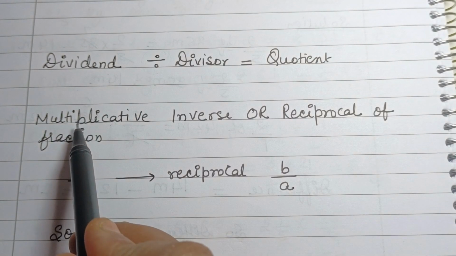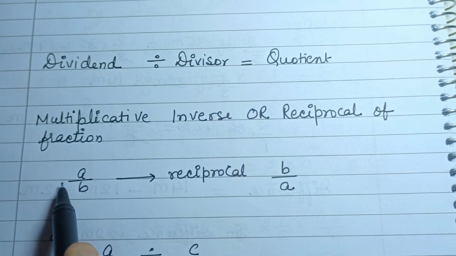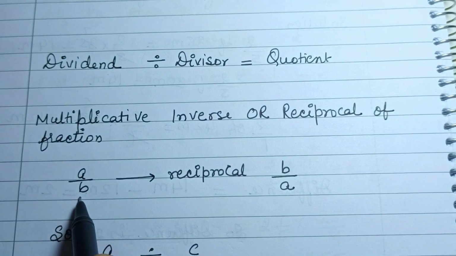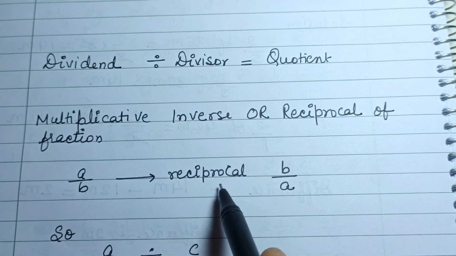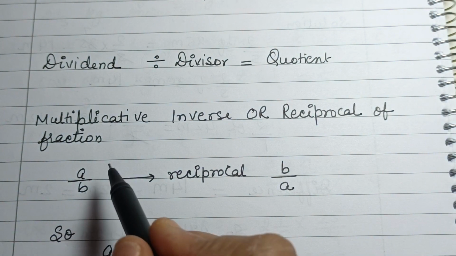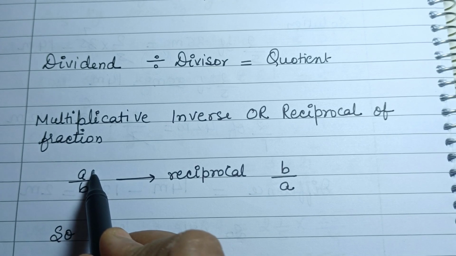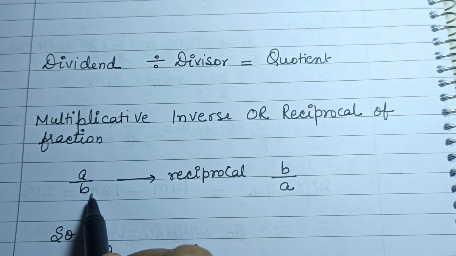So you need to understand one more thing here, that is multiplicative inverse. Multiplicative inverse of any fraction is its reciprocal. What is the meaning of reciprocal? See, suppose this is a upon b, one fraction. Here a is the numerator and b is the denominator.